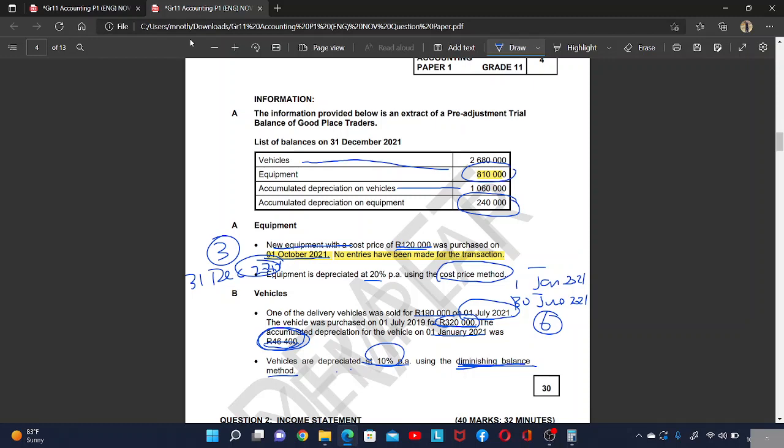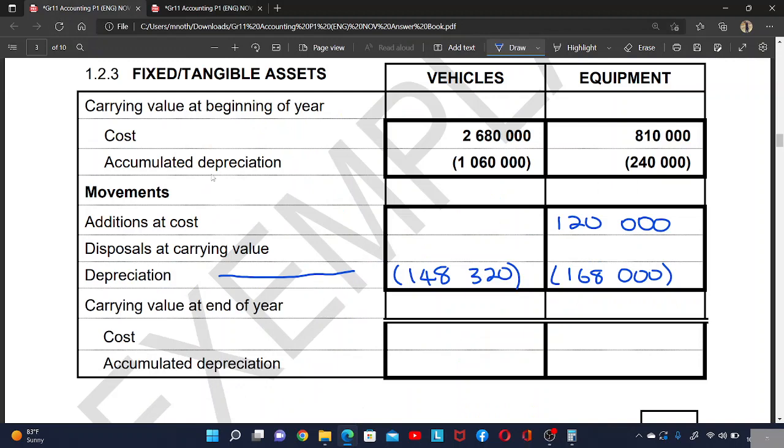So no equipment was sold, so we don't have the disposal.